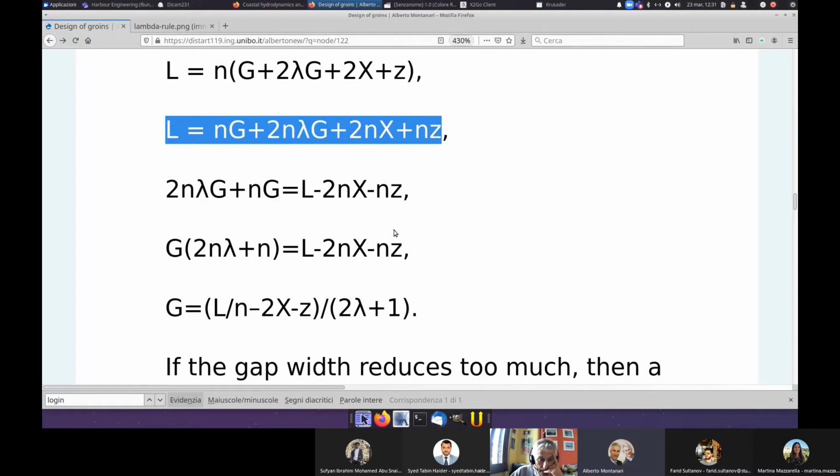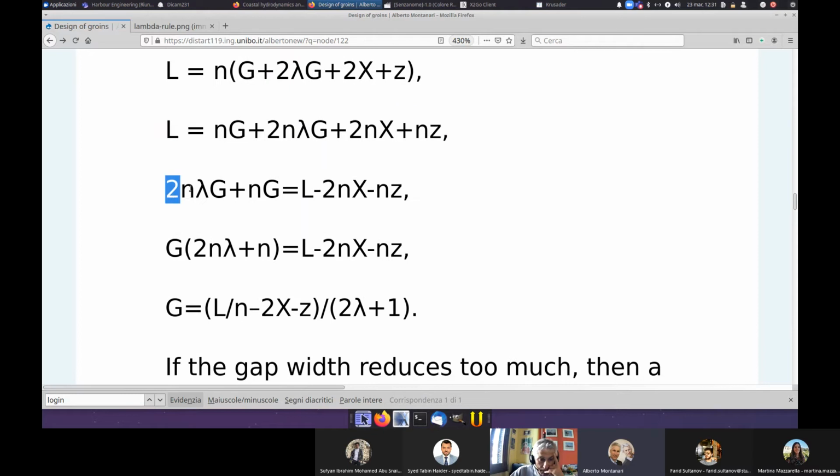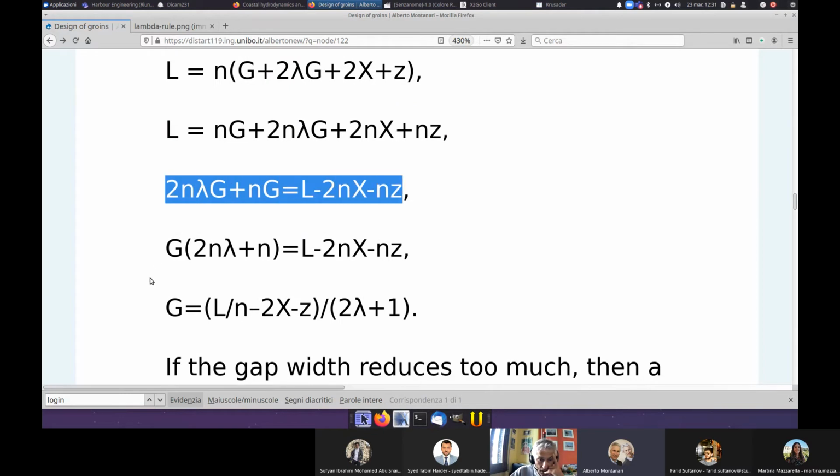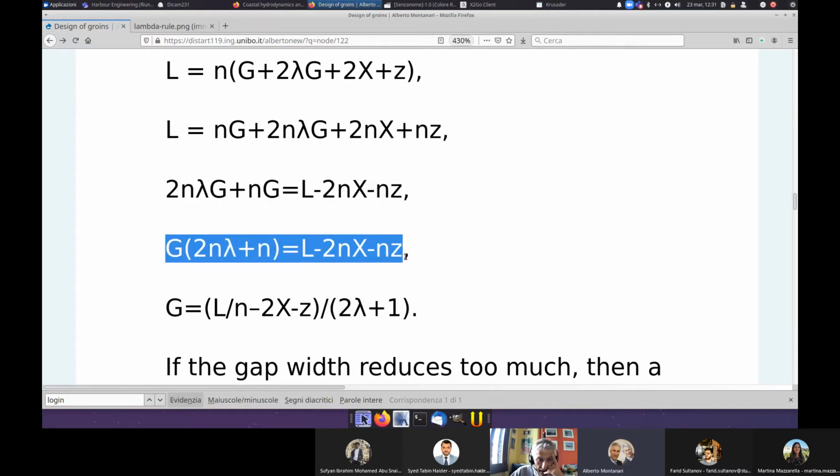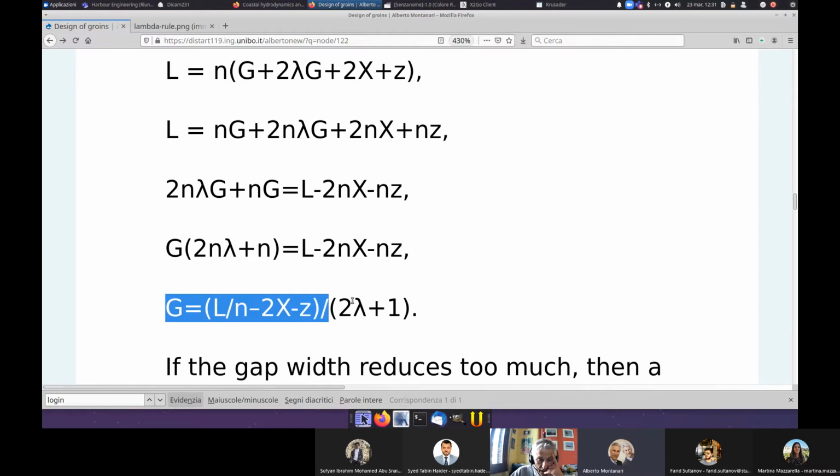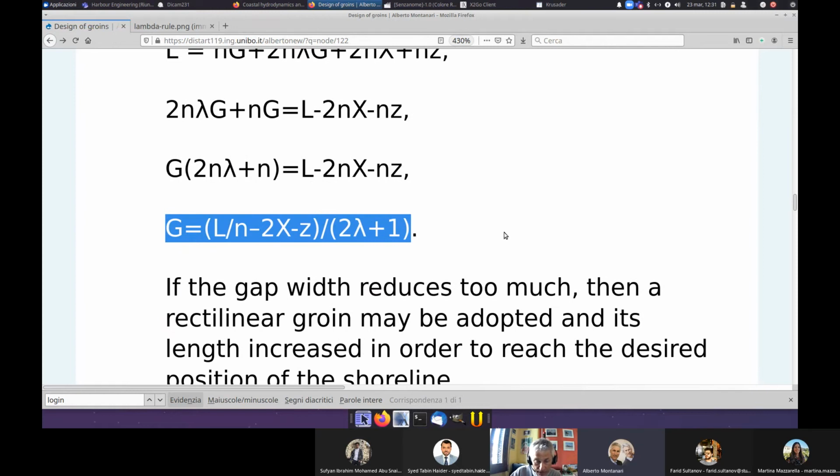And then with further developments here, 1, 2, and 3, you get an estimate for G, which is the gap between groins, depending on what?